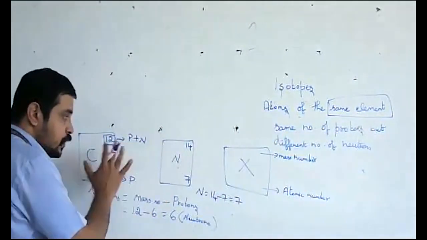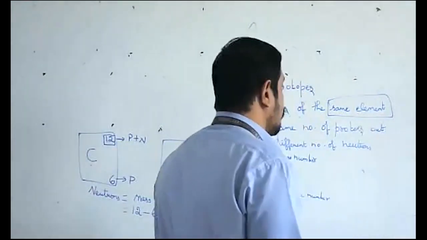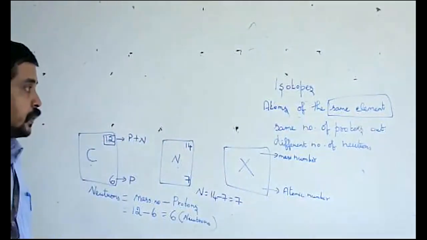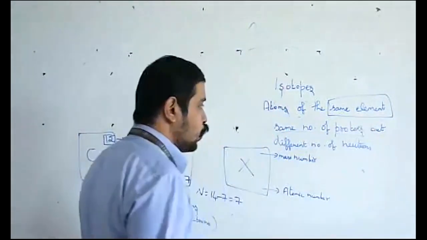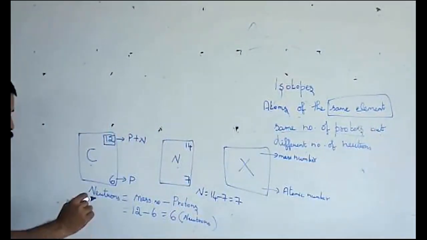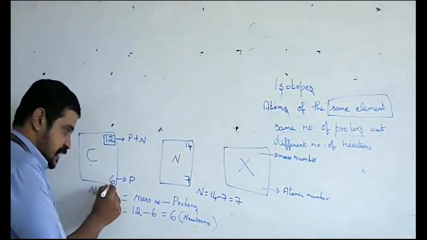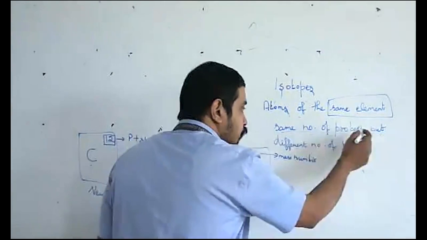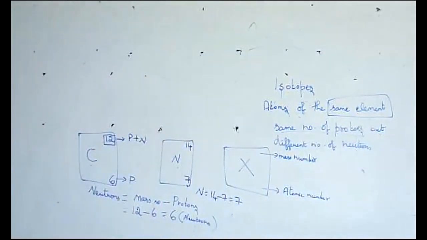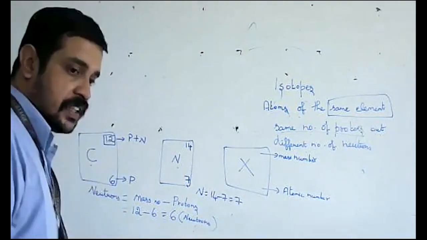So these two are not isotopes of each other. And moreover, you have to follow the same number of protons but different number of neutrons. That is also not followed here, because the proton number is 6 here and 7 there. So these two are not isotopes of each other.